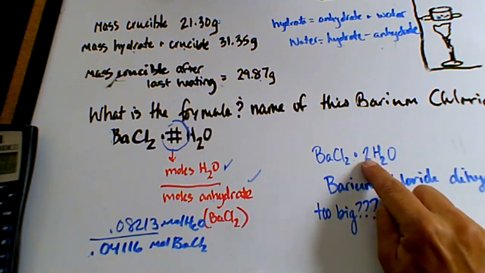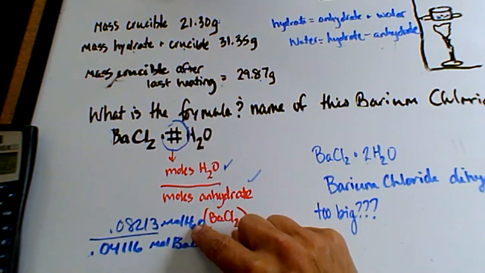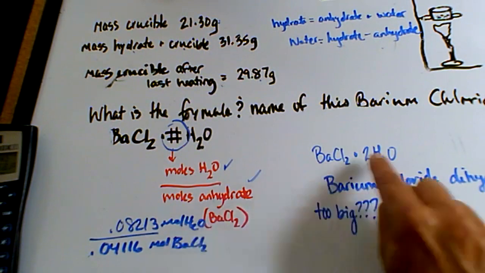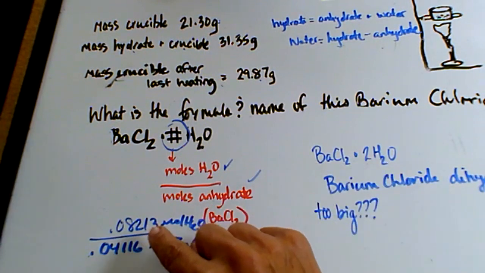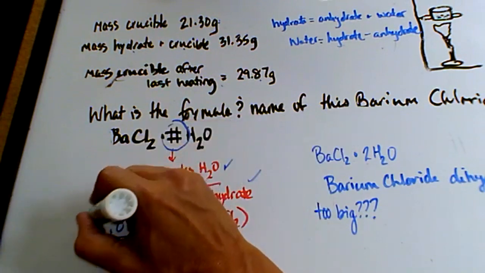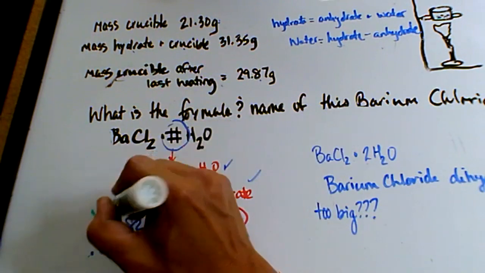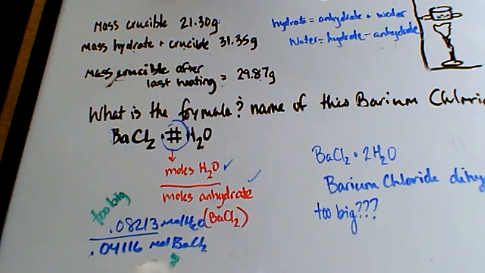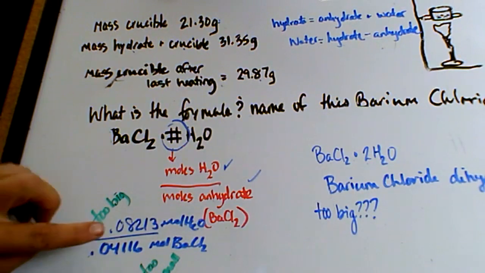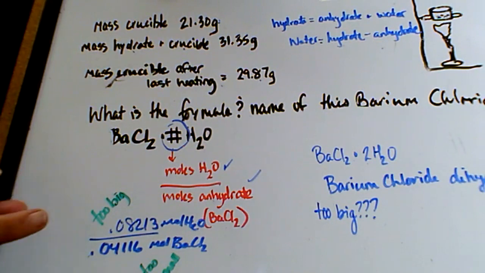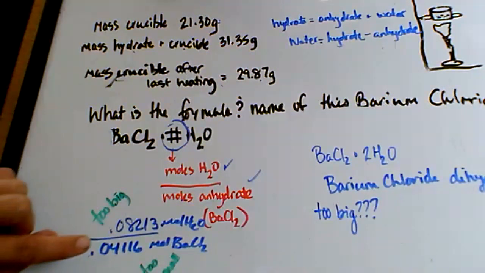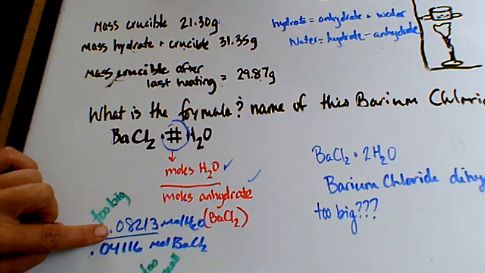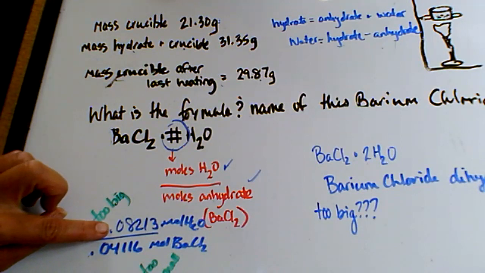Well, this number was too big. That number came from here, right? So if this number was too big, that means either this was too big or this was too small, right? Well, if I overheated it, then it would appear as though I had more water than I did.